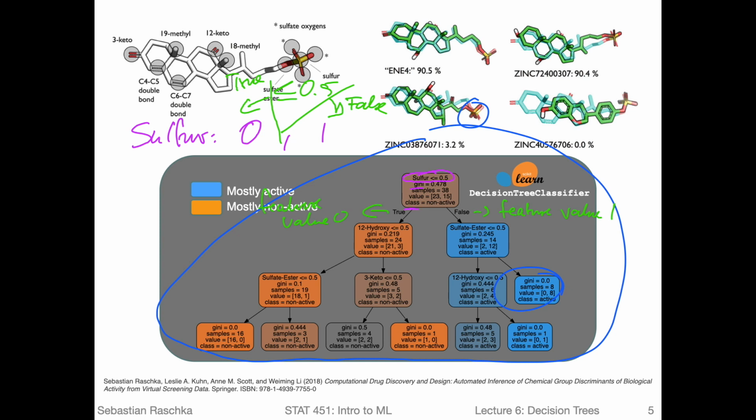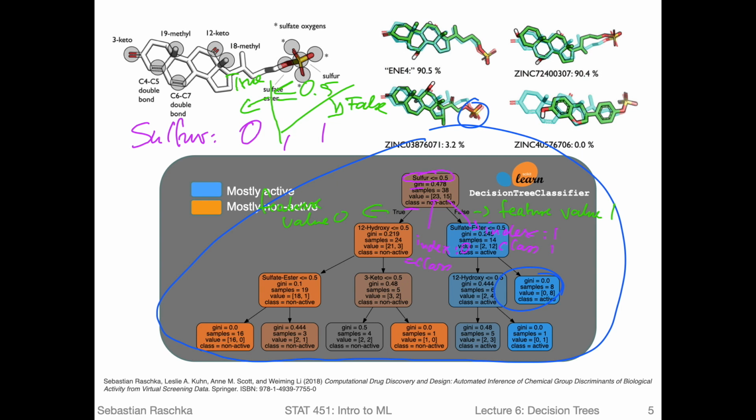And this class here is just highlighting the majority class in this given node. So in each node you have a given subset of the training examples. Here you start with 38 molecules, and 23 of these molecules have class 0, this is index 0, and this is index 1 in this array, which would then also correspond to class 0 and class 1.